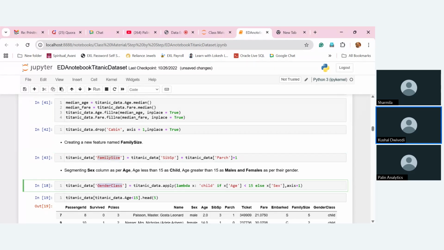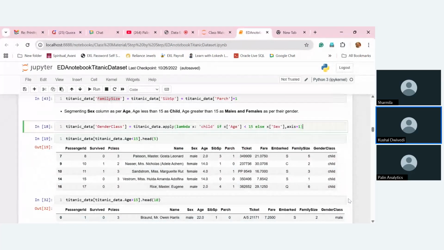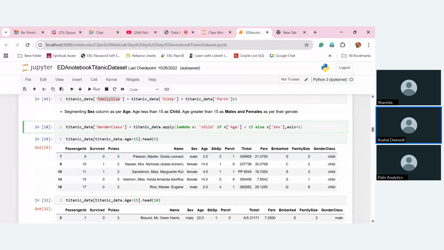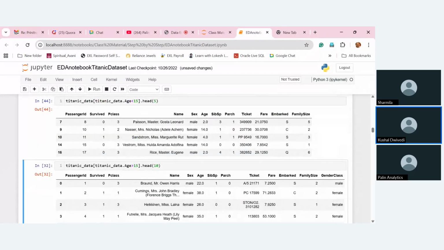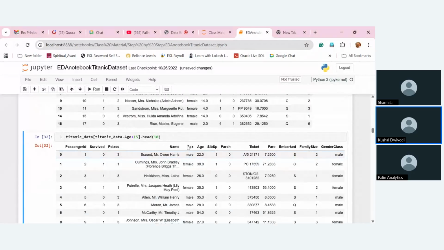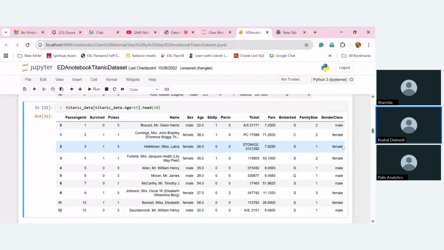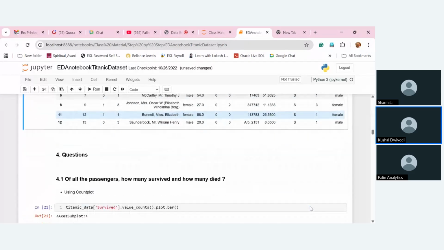Then gender class: with gender class we are including if a person is less than age 15, then it is child, otherwise it is adult. So that's how we are making these two variables. Now we can see here we have either child or male or female. Only these things we have created as gender class.